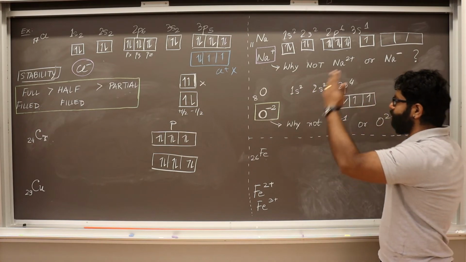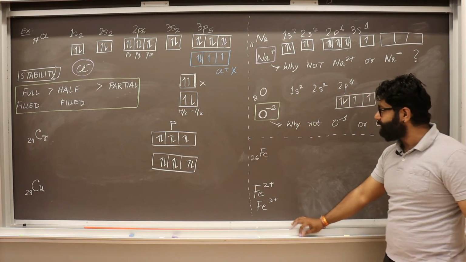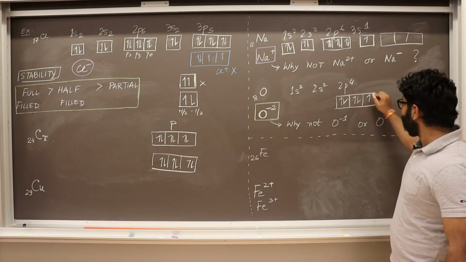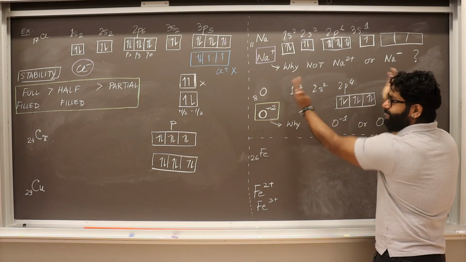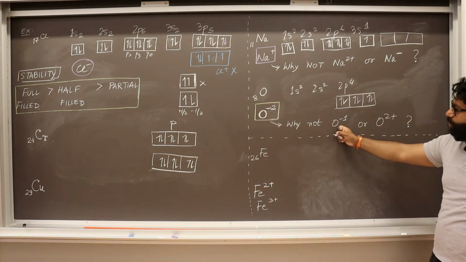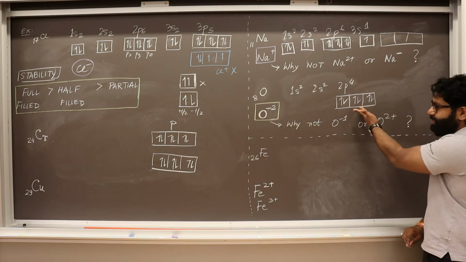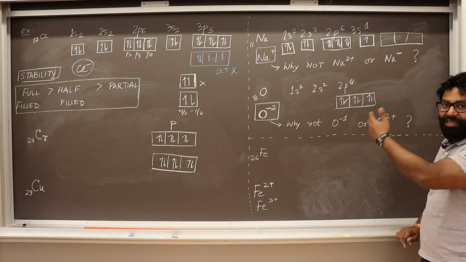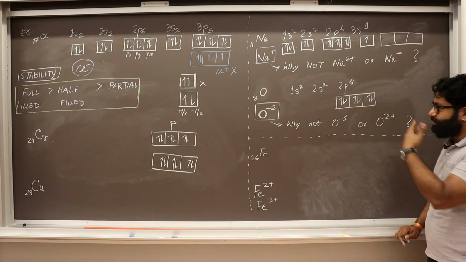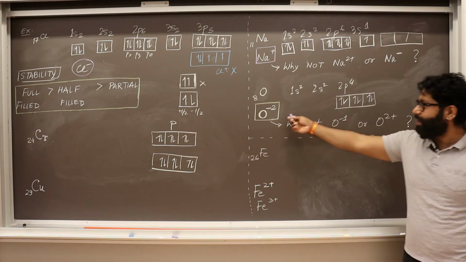You fully fill the entire orbital and the entire orbit. So you get 2 electrons in here and you get this complete thing fully filled, and that is why O minus 2 is stable and not O minus 1. If you just had 1, it would still be in a partially filled state. That wouldn't solve the problem, right? And that is the reason you have minus 2.